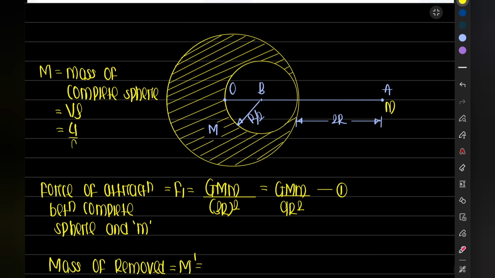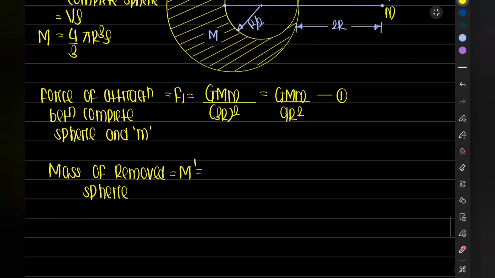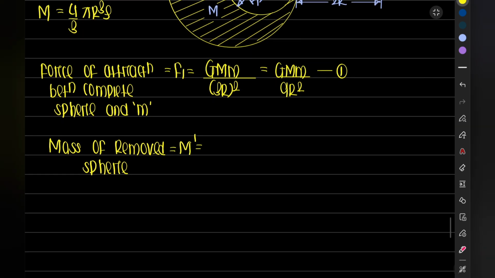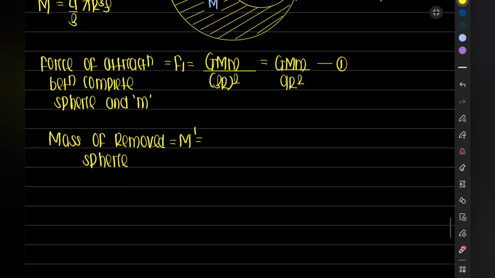Volume will be 4 by 3 pi r cube into rho. This is the value of M we have. Now m dash is the mass of the removed sphere. Both are made up of the same material, so their density will be the same. So again, mass is equal to volume, which is 4 by 3 pi. The radius, how much do we have? It is r by 2.